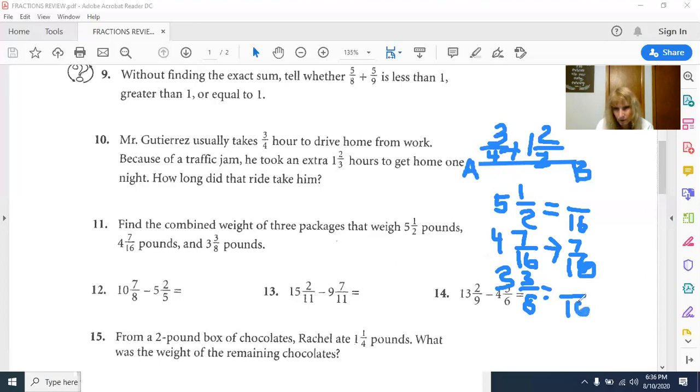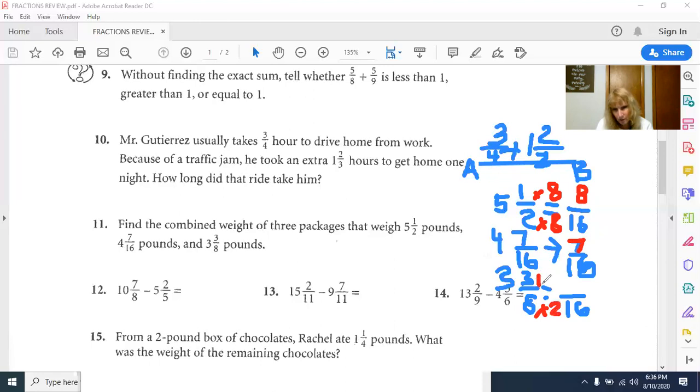Now let's see how we do this. So we say 2 times what gives me 16? 2 times 8. You have to times 8 on the top. That gives you 8/16. I'll just leave it in red actually. Easier to pick out what numbers we're adding. I'll just put 7 there. And then down here, 8 times what gives me 16? 8 times 2.